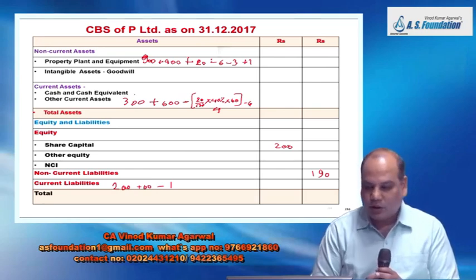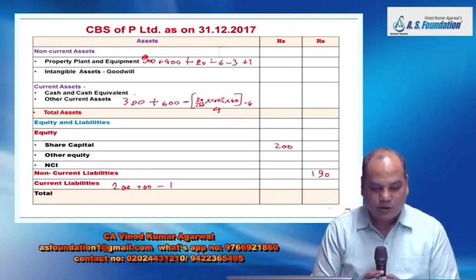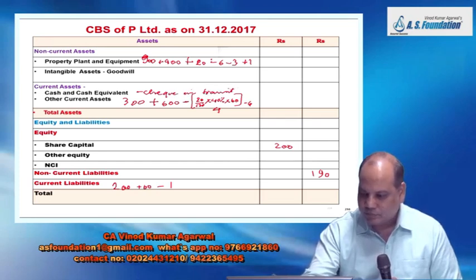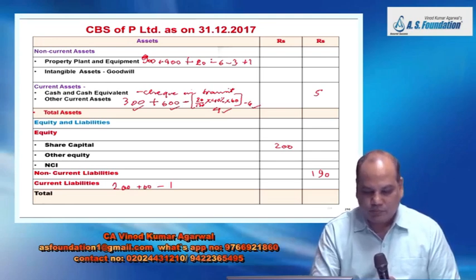So in cash and cash equivalent, you write down check in transit 5. 6 minus 1.